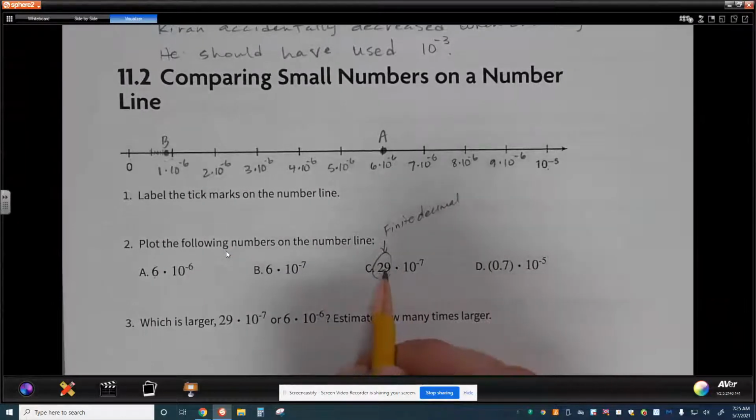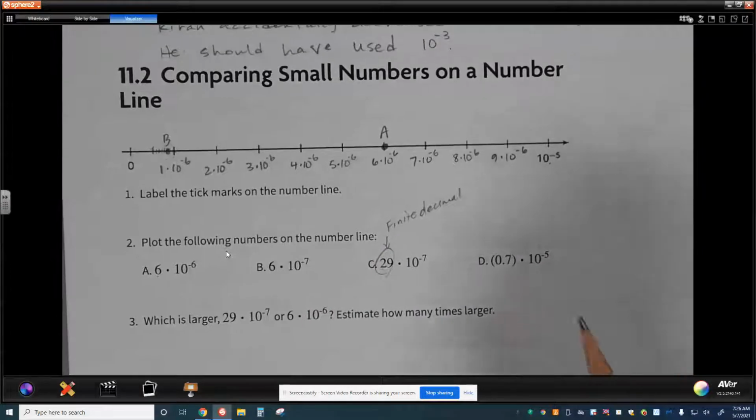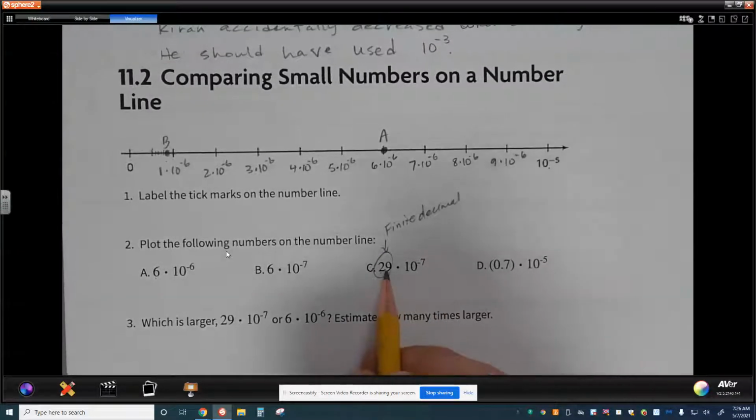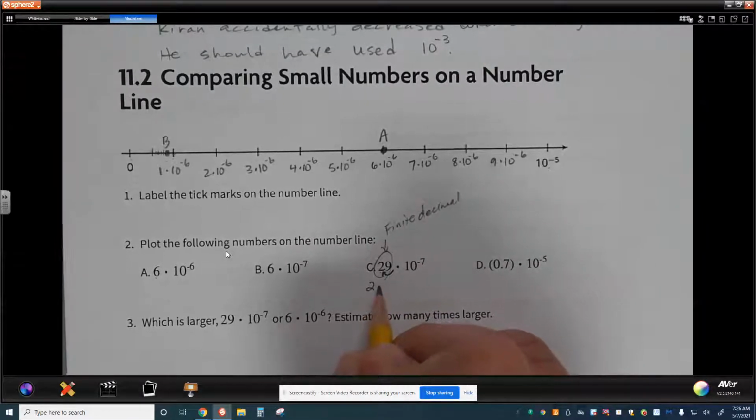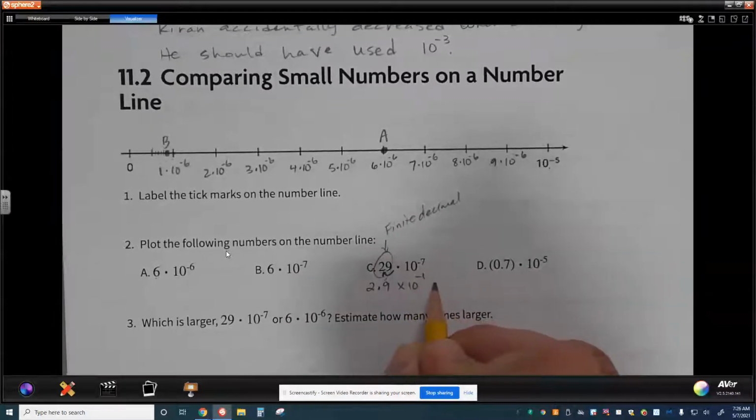Under scientific notation, this decimal cannot exceed, it cannot be 10 or higher. It has to be less than 10. It must be at least 1, but it cannot go over that. It has to be a single digit. For that purpose, we will move our decimal back one place value. So we're going to make this value 2 9/10 times 10 to the first power.